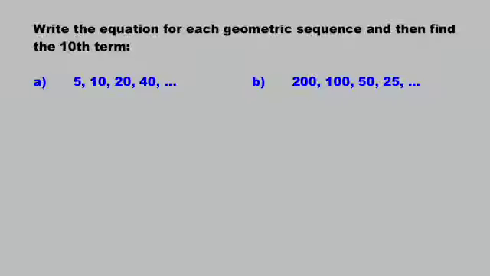Let's take a look now at some more with geometric sequences, and here we're also going to find the 5th term. So in this case, every single time we're going to be multiplying by 2. So our common multiplier is 2. If I want to work backwards, I'm going to have to divide by 2. So what is 5 divided by 2? Well, that would be either 5 over 2, or if you prefer, 2.5.